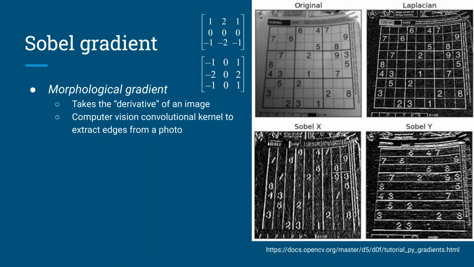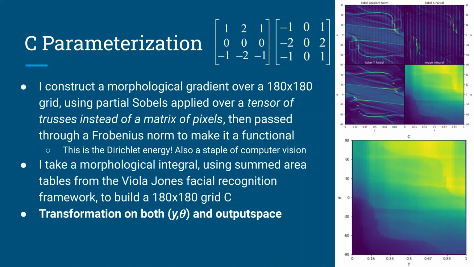The Sobel operator is a tool in computer vision to find the edges of a photo. In effect, it's a morphological gradient or an image derivative over a matrix. The C parameterization is simply applying the same convolution kernels, except instead of over a matrix of pixels, it's on a tensor of data, in this case here, the trusses.